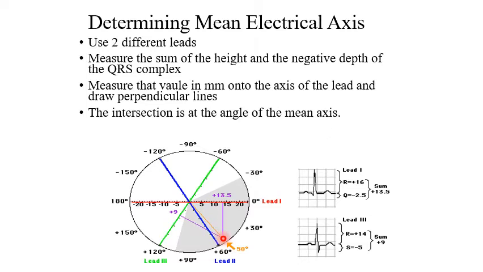This intersection marks the axis of the heart for this ECG. So we draw a line from the center to the intersection, and we measure the angle. Here it is 58 degrees, positive. So this is the cardiac axis of this particular ECG.